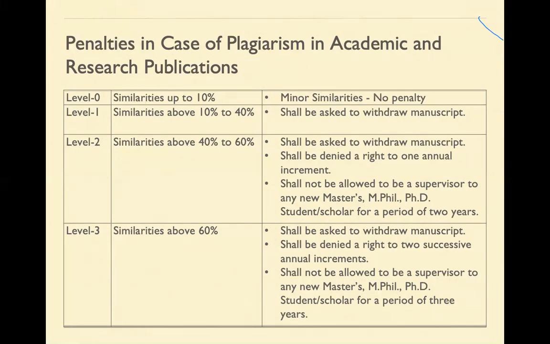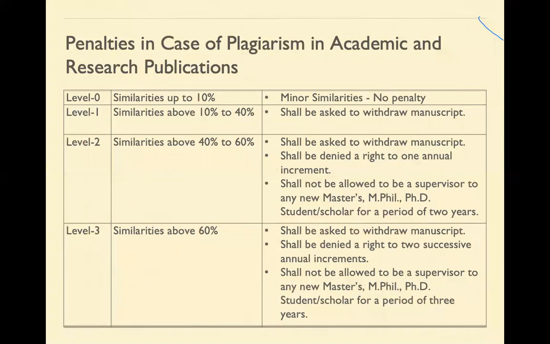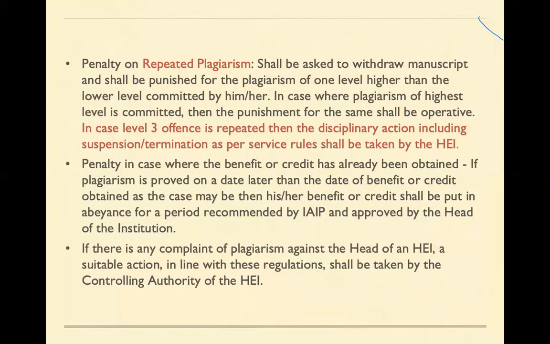So this is the penalty. And if there is plagiarism of level 3, that is 60% and above, then such staff or faculty can even be asked to leave. So it is as serious as the institution can ask someone to leave also.